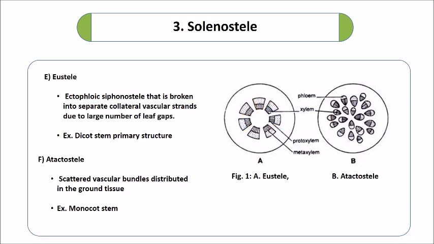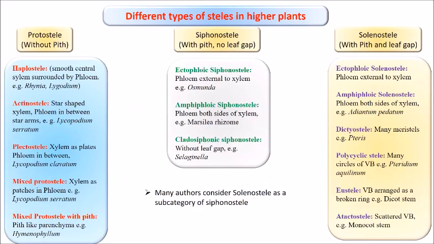This type of stele you can find in dicot stem primary structure, and this is the xylem part, this is the phloem part. Likewise, in monocot stem, the vascular bundles are in scattered form. It gives more mechanical support to the monocot stem, and this is the most advanced form in Solenostele.